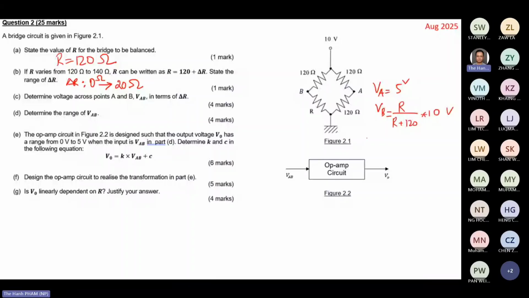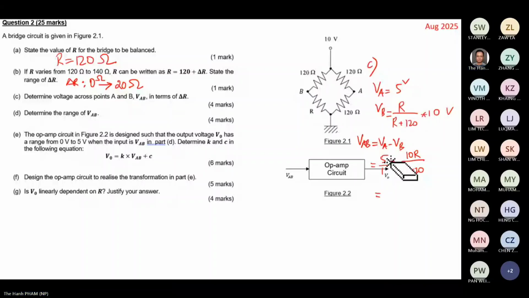So to find VAB, VAB is just VA minus VB, right? So what you have is 5 minus R over R plus 120 times 10. So 10 times R here is 10R. You can think of 5 as 5 divided by 1, so you need to multiply by R plus 120.